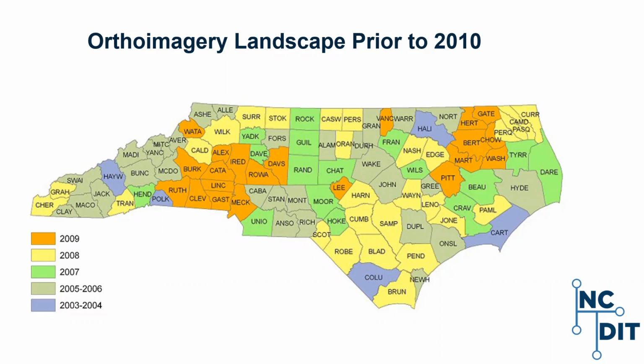And we needed to have a clear, consistent, current picture of the imagery. So we could not rely on an individual county that may not be able to afford to fly imagery within a regular cycle to continue to do that. So the 911 board decided to pick up the responsibility and make it more consistent. And that's what led to the 4-year cycle that you saw in the previous map.